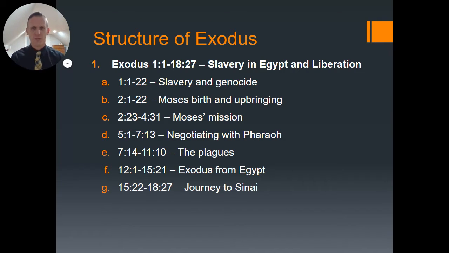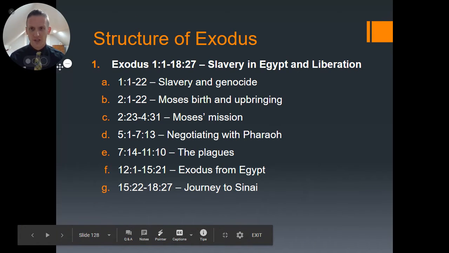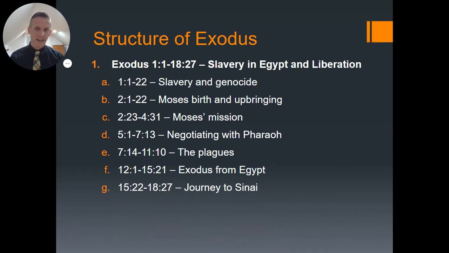We'll talk about that in a little bit. But at the very least, we have the birth of the means by which the rescue is going to occur. And then you get a little bit more story, and then you get his mission. Then you get his negotiating with Pharaoh, which leads us into the plagues, which leads us into the exodus from Egypt.